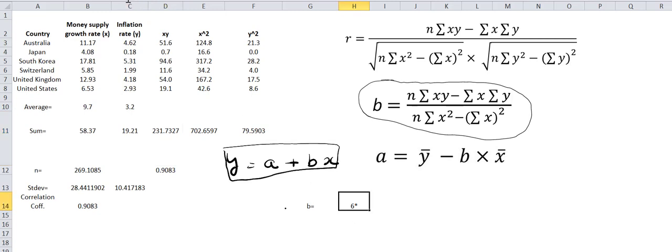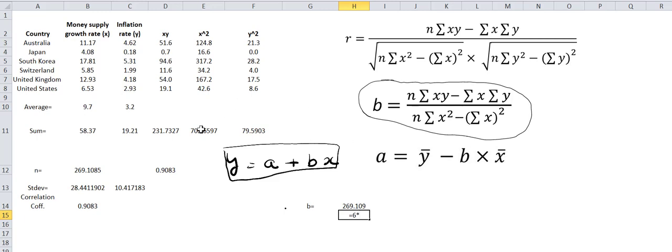Sigma of xy is right here, then minus sigma x and sigma y. So sigma x is here, multiplied by sigma y. So this will be my numerator, and in the denominator I will have a similar formula, 6 multiplied by sigma of x square.